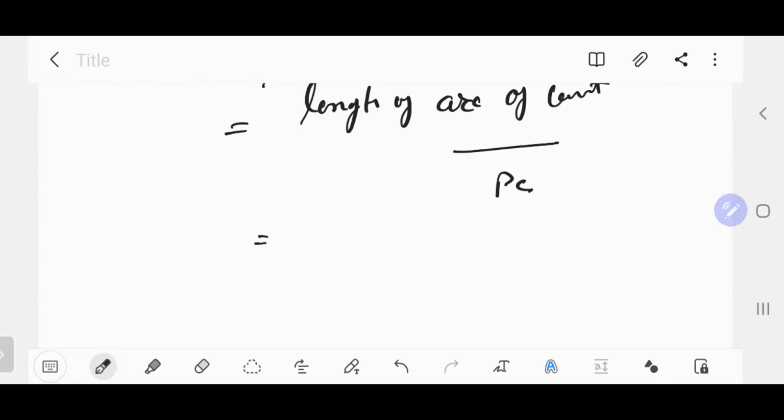But here we have the module, so we can directly calculate pi into module. So PC is pi into module. What is the PC? 37.7. Okay, very good, Alfred.